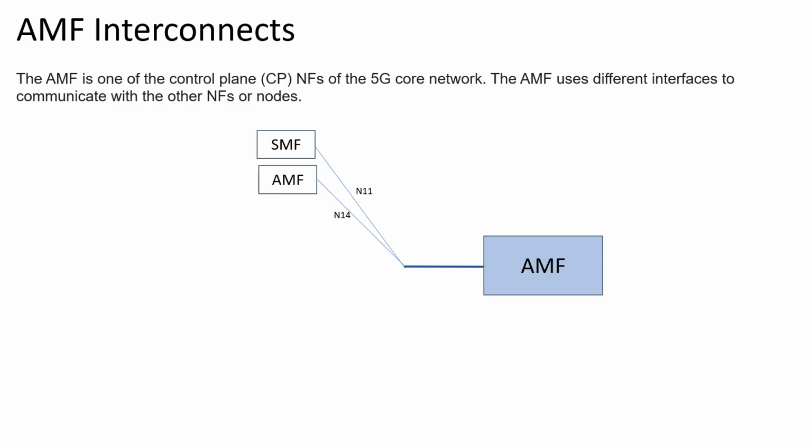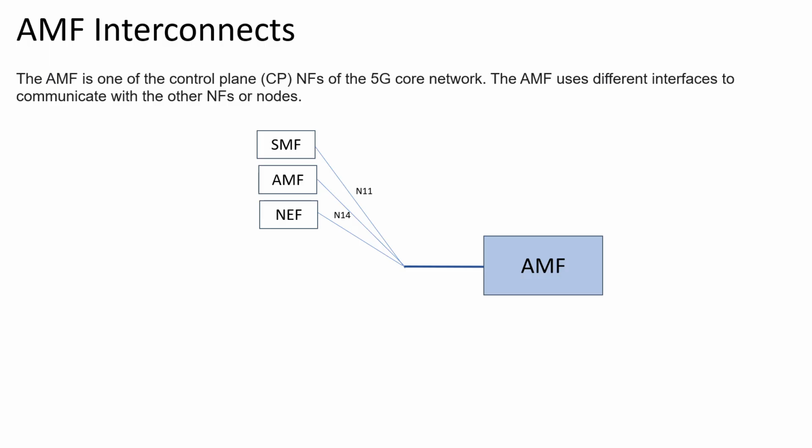So whenever the subscriber is moving from one AMF to another AMF, it will talk to the peer AMF node and transfer complete context information, the subscription information, so that the subscriber gets seamlessly connected and registered into the target AMF node, right? So it talks to another AMF over the N14 interface.